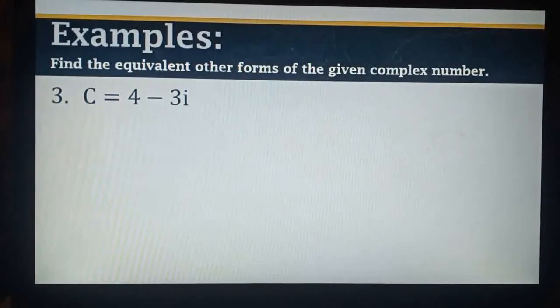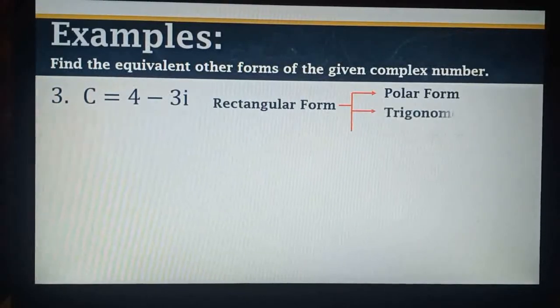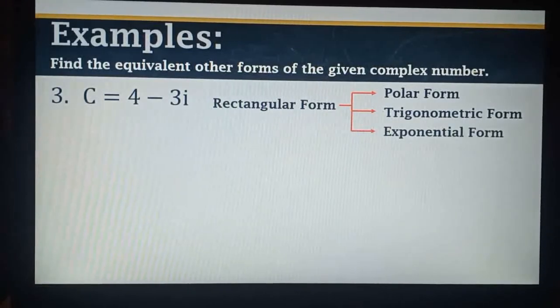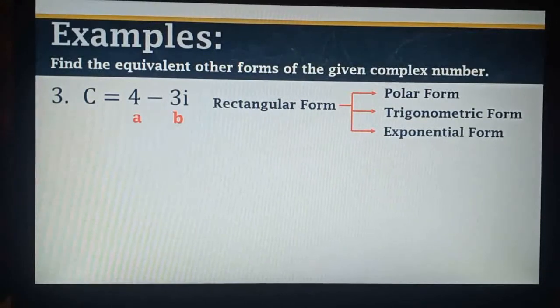Next example is complex c. Let's say you have 4 minus 3i. This is also rectangular form. Then getting your polar form, trigonometric form, and exponential form. A is 4, b is negative 3.